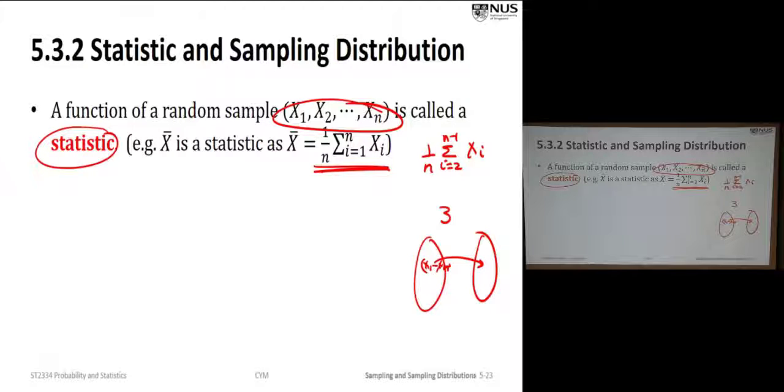But in this function, I do not care about what is the x1, what is the xn. They are not included in this function. So is this a function? Yes, it's also a function. No matter what your x1 up to xn, it always maps to 3. So it's a function. But it's useless to us. All right? So it's a function.